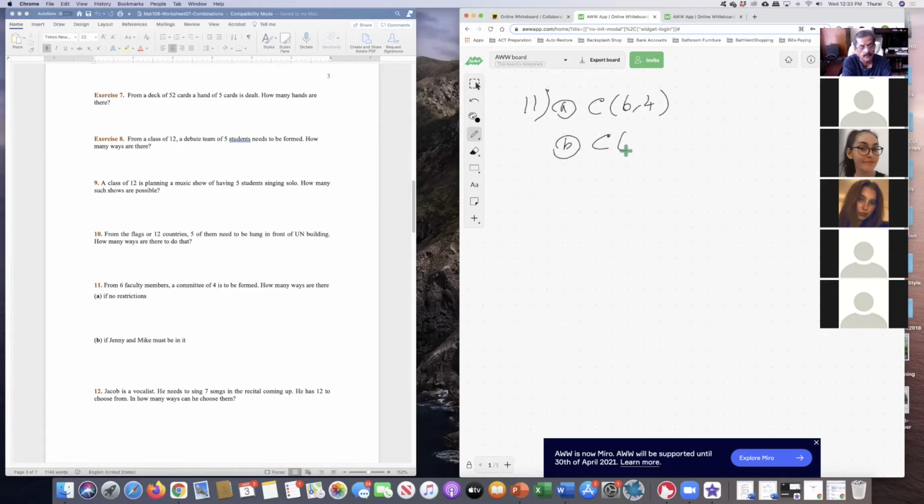And from those 4, you're only selecting 2. Are we subtracting the 2 from the 6 faculty members? Yes, because those 2 have to be in the committee, so you put them in the committee. There are only 4 people left, and you need to select 2 more from the 4. So 11B is combination of 4, 2.